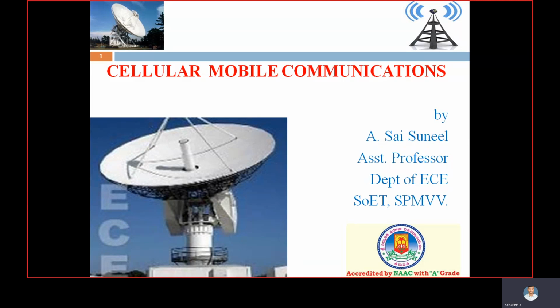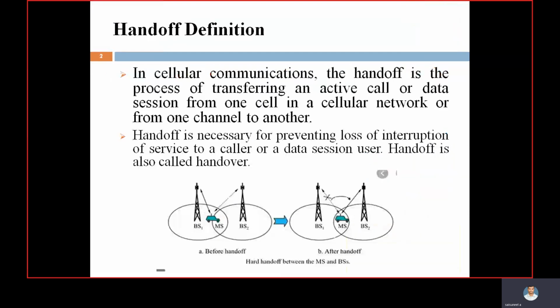Handoff. The other name of handoff is handover. This slide has one figure, before handoff and after handoff. First, before handoff: the figure has two base stations, BS1 and BS2, which are adjacent cells having different frequencies.